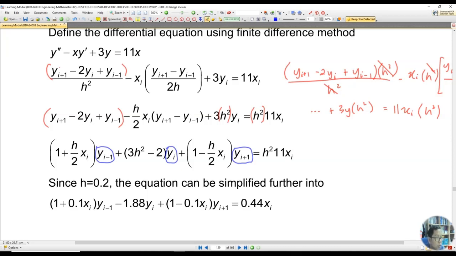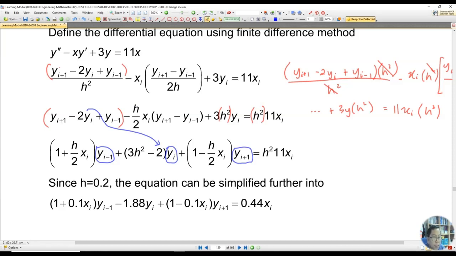Let's say this 2y_i, you have to rearrange to be here, and then y_{i+1} you have to rearrange to be here. Then all these things, in this case h x_i.